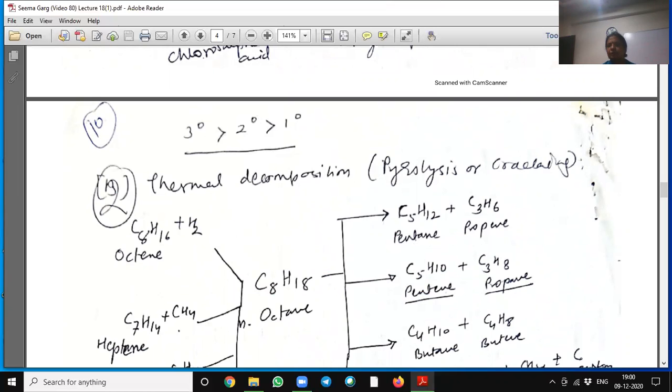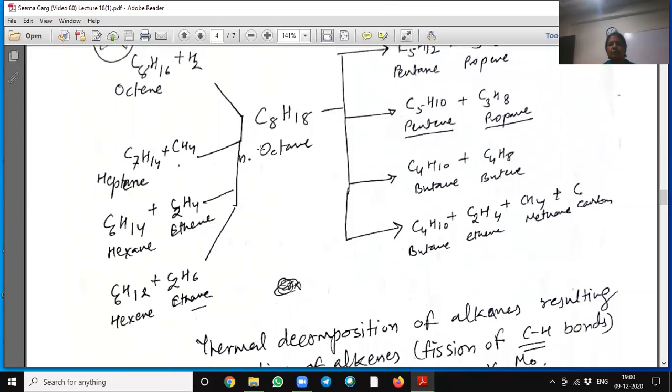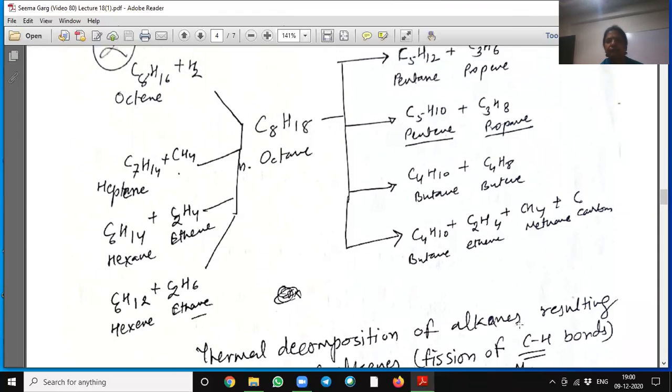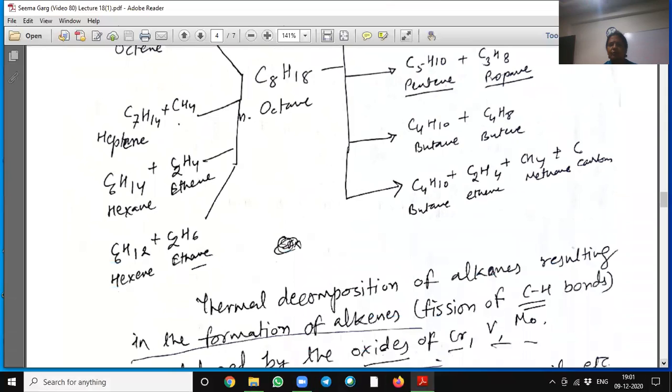Thermal decomposition, pyrolysis or cracking. Suppose normal octane is there. On pyrolysis, it will give different types of fragments, meaning carbon-carbon bond is breaking. It depends on what type of catalyst we are using.